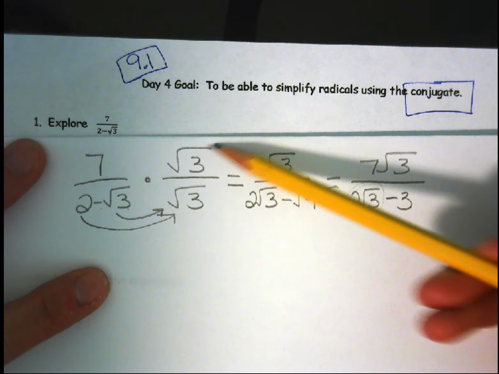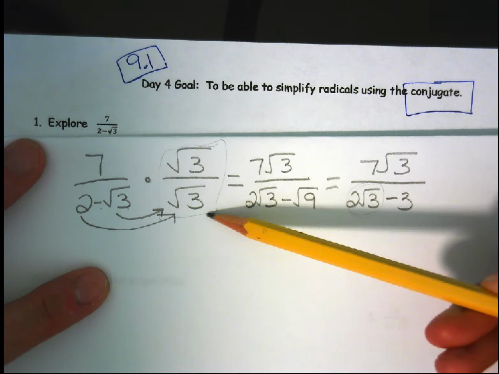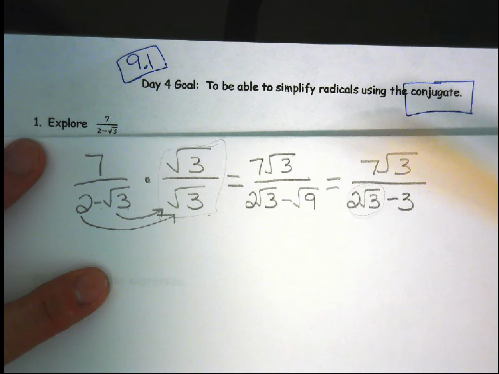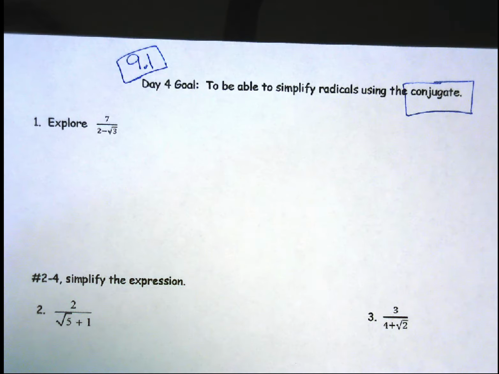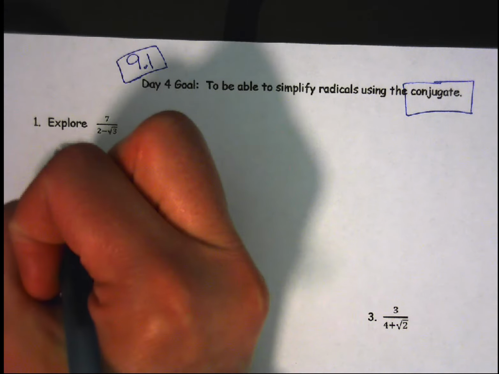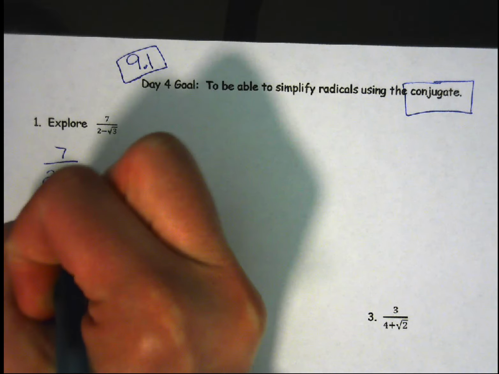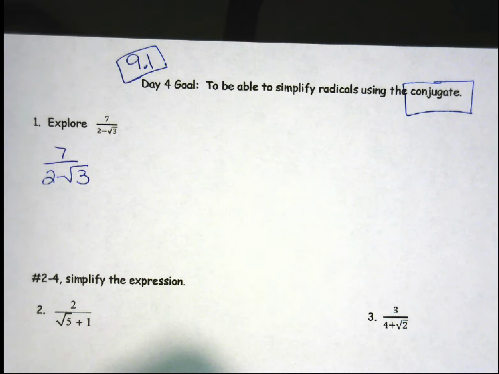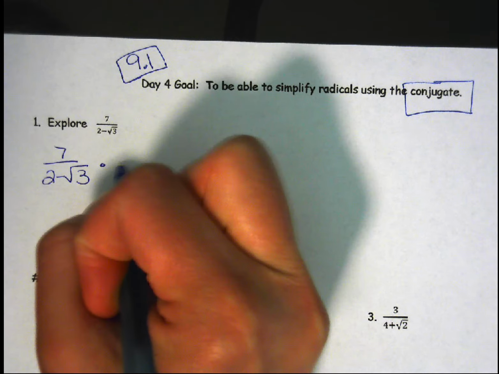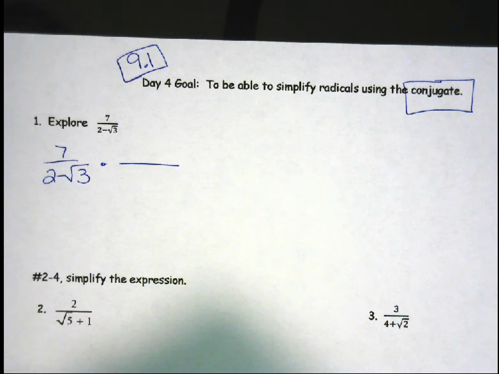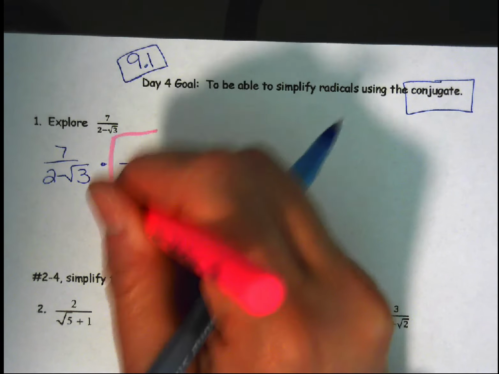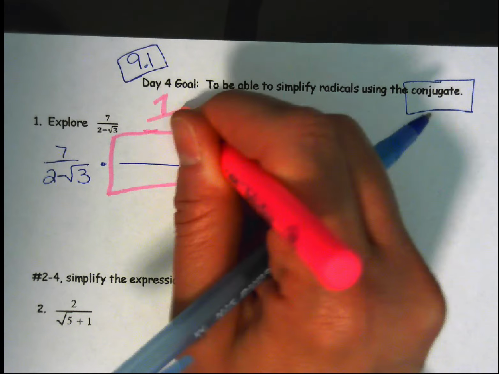So this is called rationalizing. What we have to do today is what's called a conjugate. So we're going to take this problem, and I'm just going to write it a little bit bigger here so you can see it. We're still going to multiply by what I would call 1.